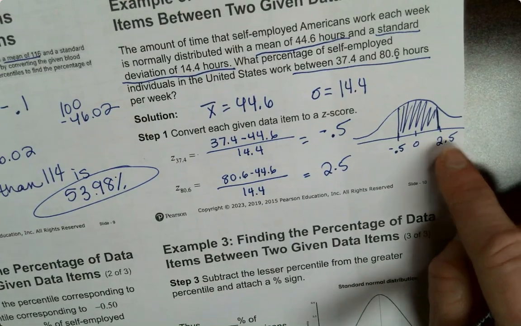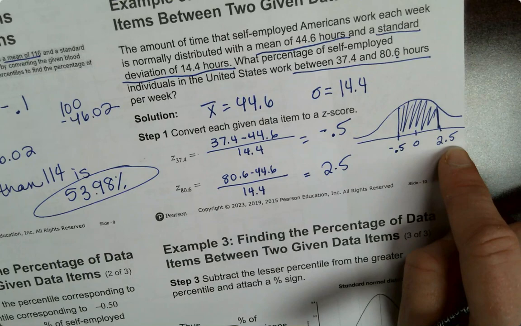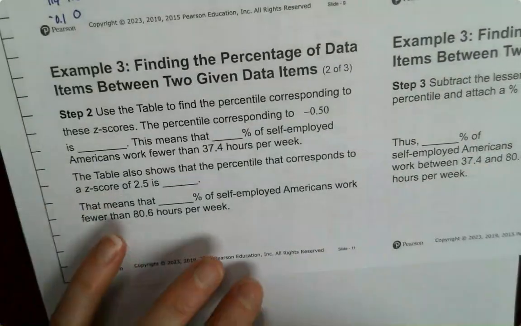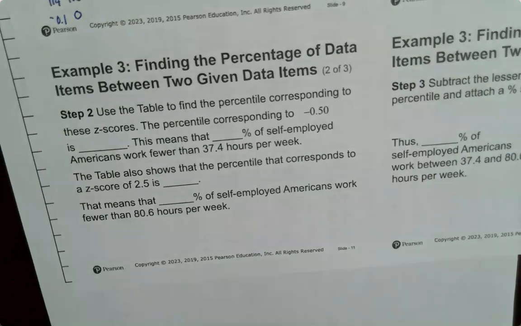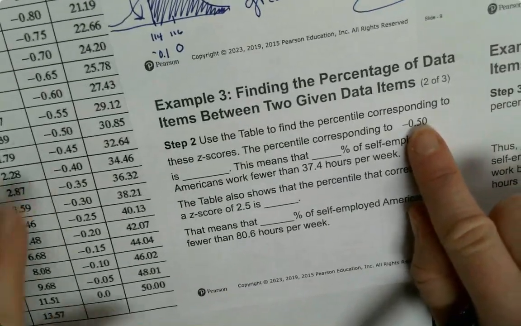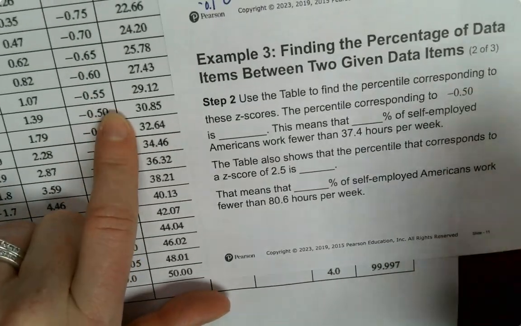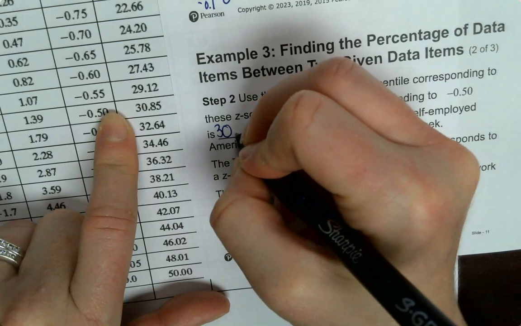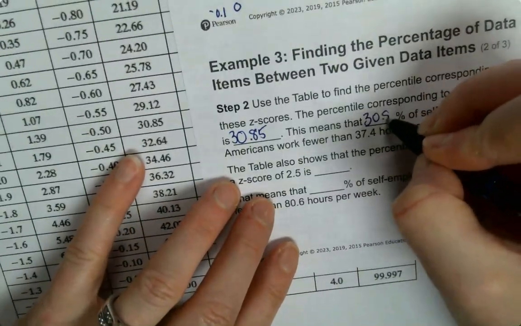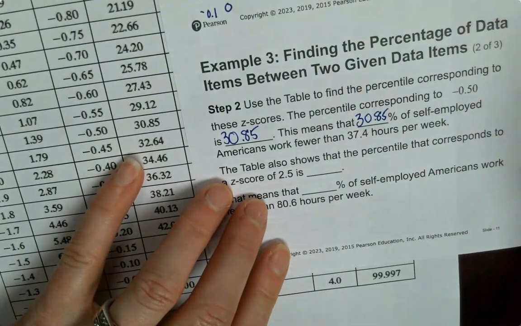We've got to find the percentage below negative 0.5 and below 2.5. Step 2 says use the table to find the percentage corresponding to these z-scores. So let's look at negative 0.5. It's right there, 30.85. This means that 30.85% of self-employed Americans work fewer than 37.4.